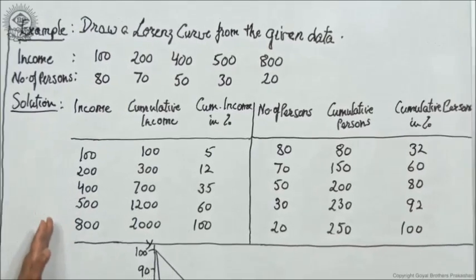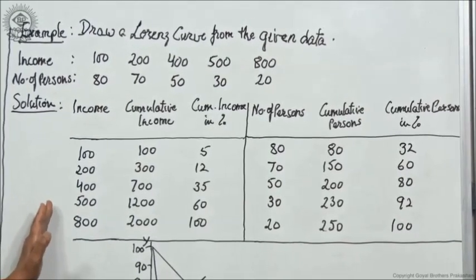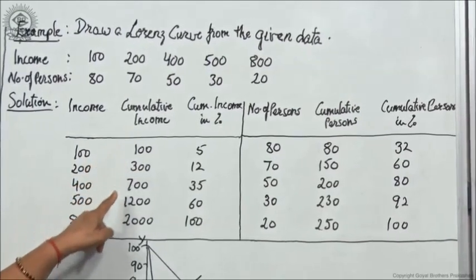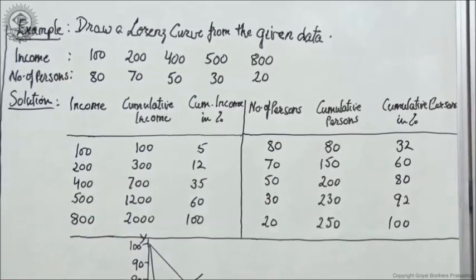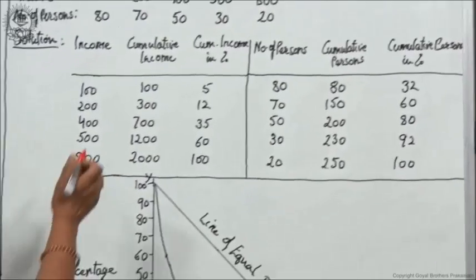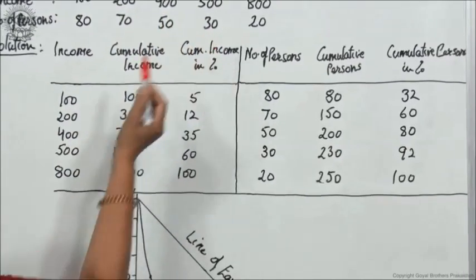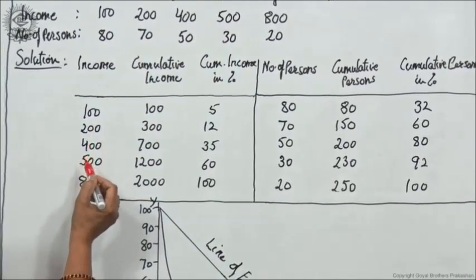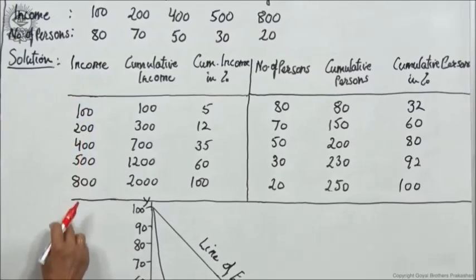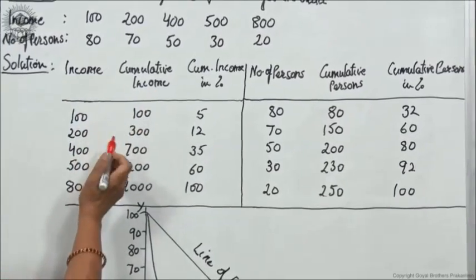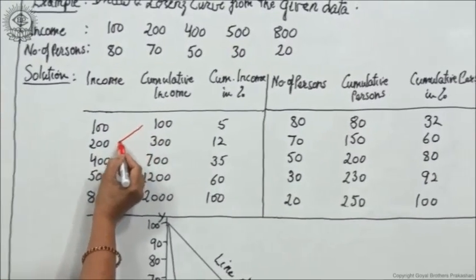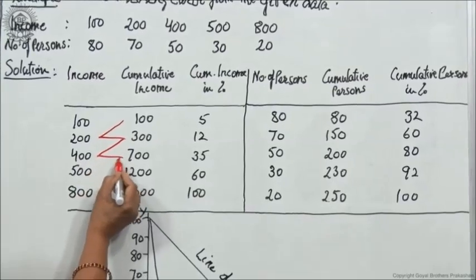First copy down the income column and do the calculation of cumulative income, and you know how to do the cumulative income. This income data is the same: 100, 200, 400, 500, 800. You copy down the same order. Now cumulative income will be this plus this, right?